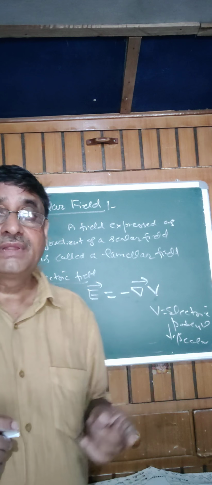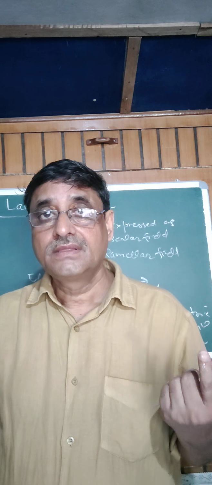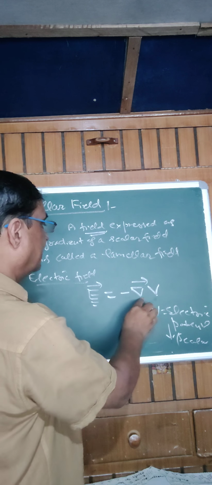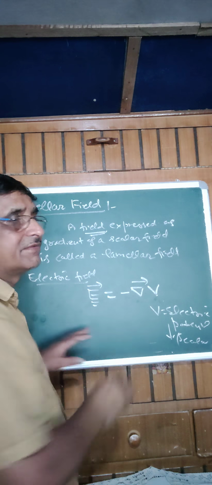So remember that the electric field can always be expressed as the negative gradient of electric potential, where electric potential is a scalar function or scalar quantity. So this is an example: the field E expressed as the gradient of a scalar field with a negative sign, E equal to minus del V.